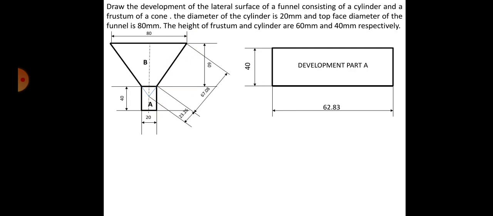So I will take that length here, slant height. I'll not add 67 plus 23 point, whatever. You can directly measure the distance; you need not add it. Take it directly in the compass from that point to the apex till the base, the generator length, and keep it at one particular point, and let's say you start drawing an arc.